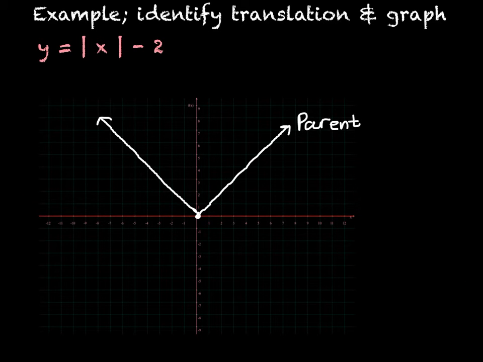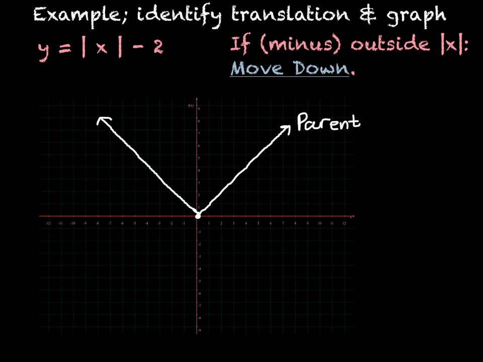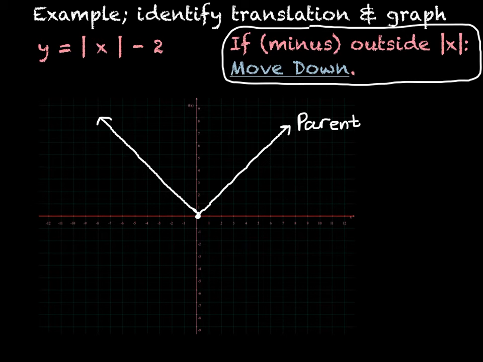For this next graph, we have y equals the absolute value of x minus 2. Alright, so again, we now have a minus 2 on the outside, so we need yet another rule because last time it was plus 2. So if there's a minus on the outside of the x, then what we are going to do is move down however many units.